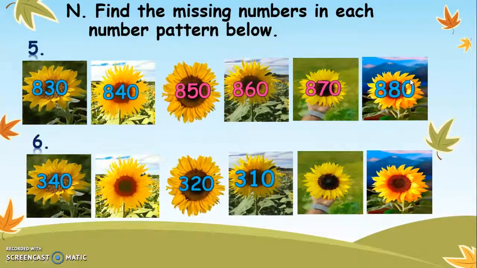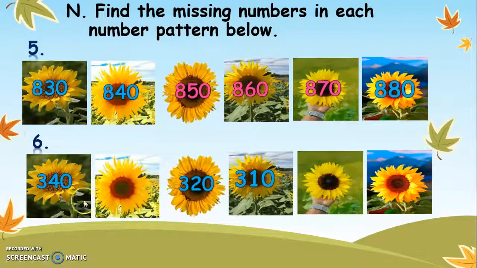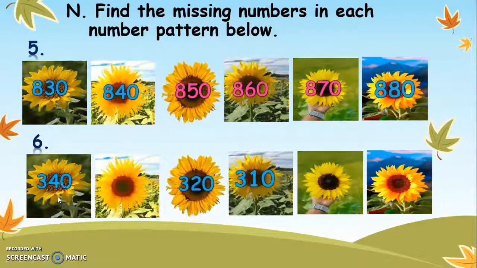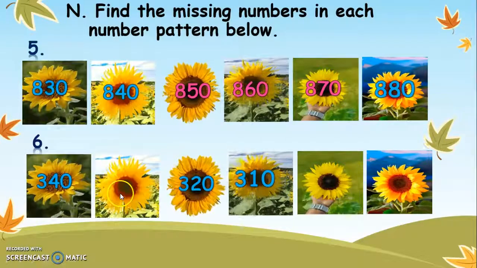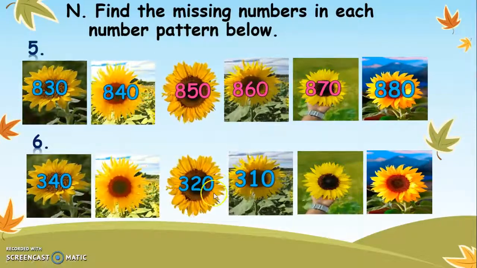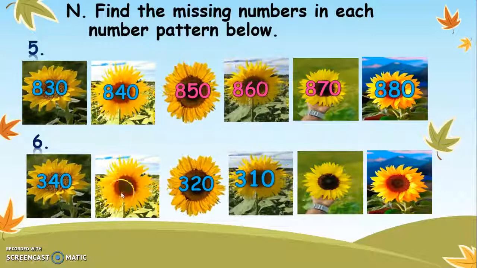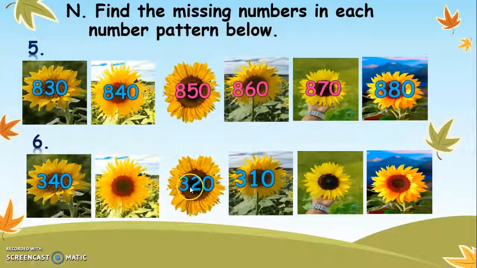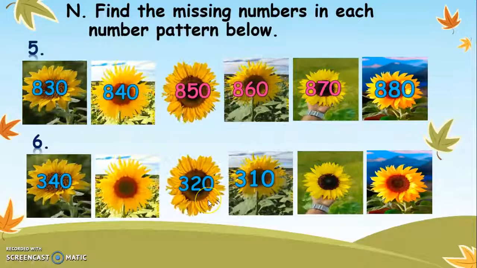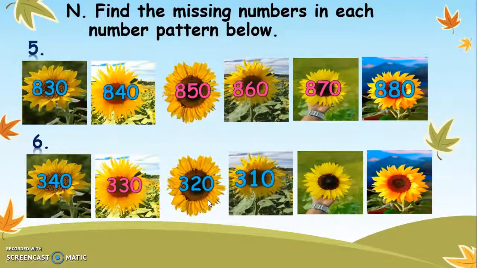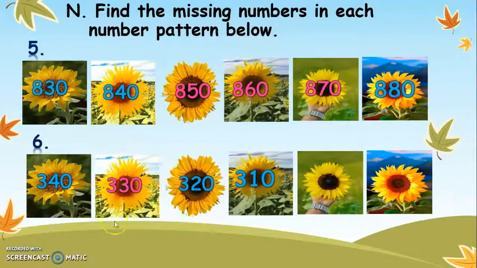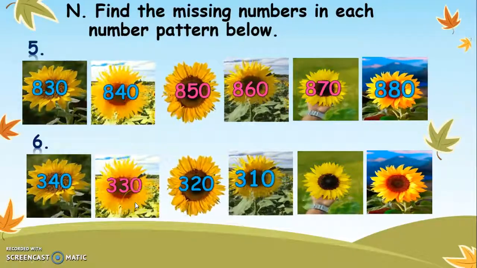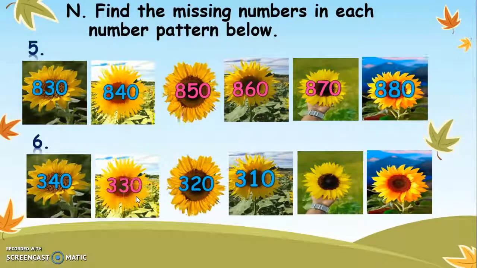Now for number 6. If you are given 340, the next number is missing, and then you have 320. You can see the numbers are decreasing by. Between 340 and 320, the missing number is 330. Here, the numbers are decreasing, or you are counting backward by tens.